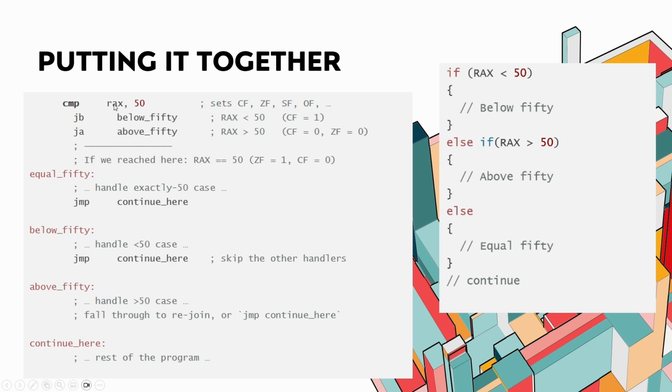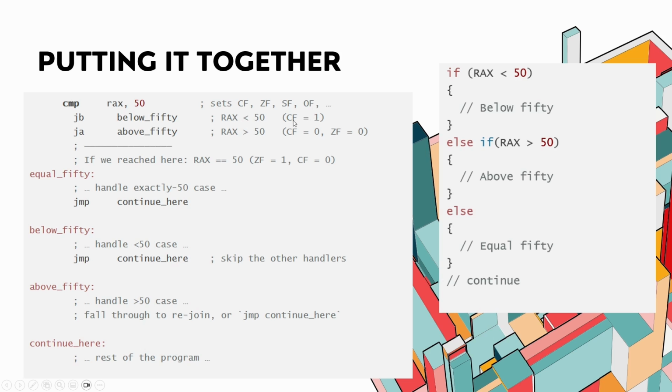If the RAX register is below 50, then we jump to the below_50 label down here, okay? If it's above 50, then we jump to the above_50 label down here. Now, if it's neither of these, then the next instruction will be this one in the equal_50 label, because neither of these caused a jump, right?